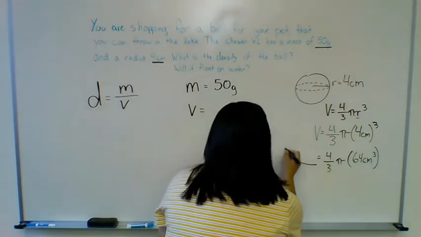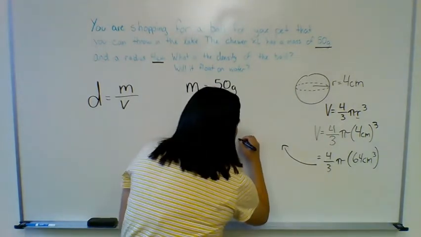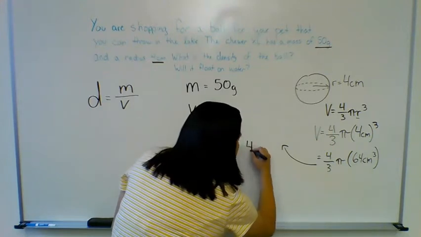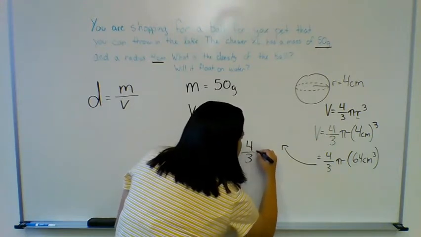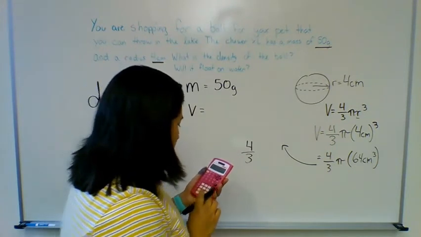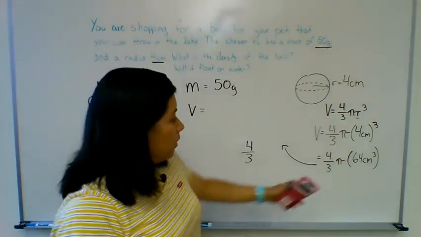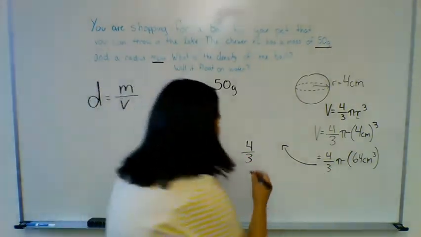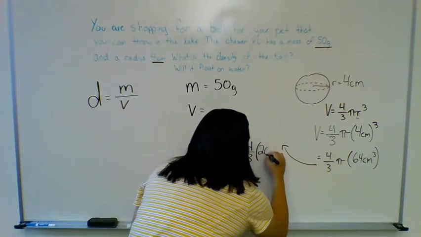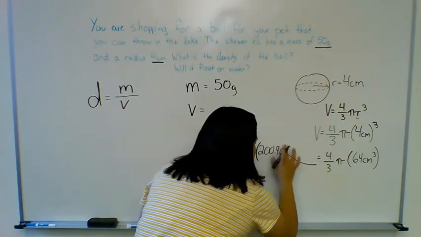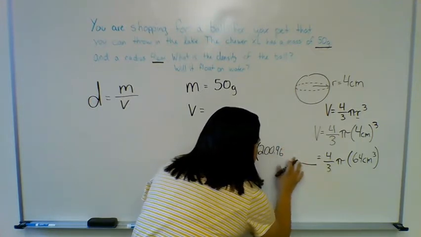So when I multiply 64 times 3.14, I get 200.96. And don't forget you're still in centimeters cubed.